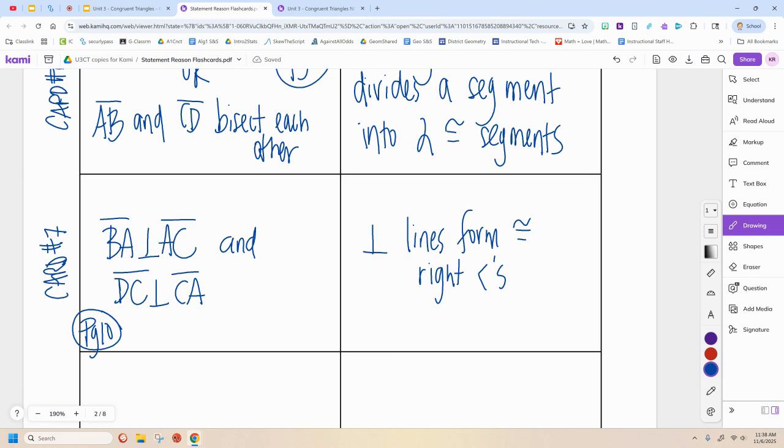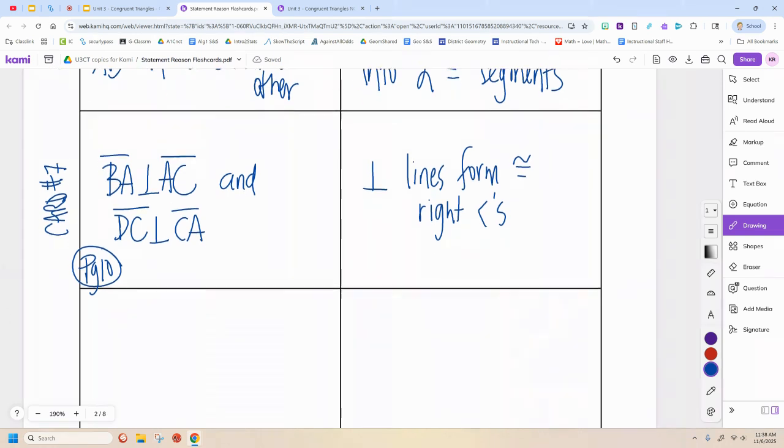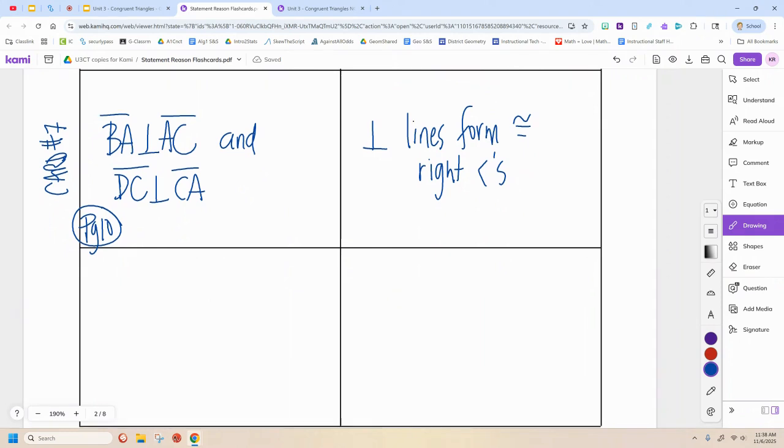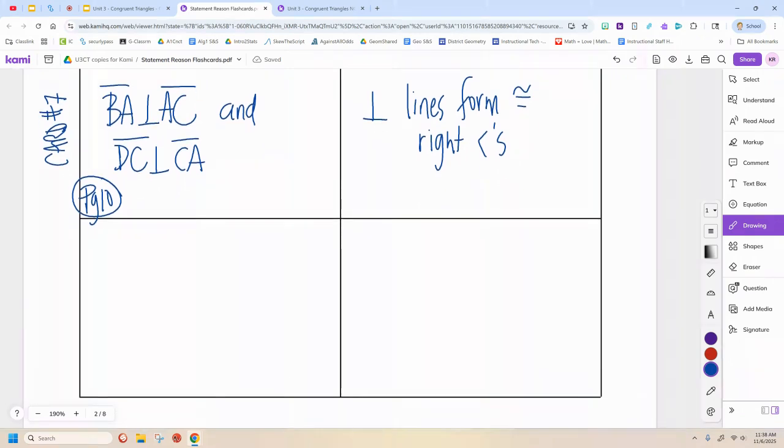The other thing I was thinking we might want to do for a card is, and once again, I'm not grading you, these are for you. But if I were to make a card, I'd probably want one for HL, and I might just put HL on one side, right? And what do I need to do HL as a triangle congruency?